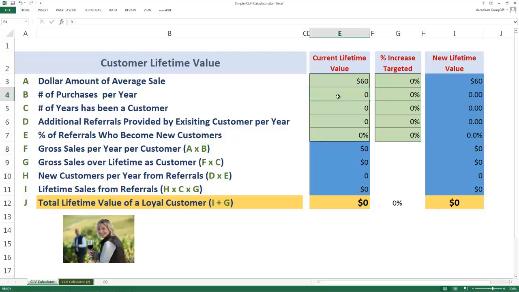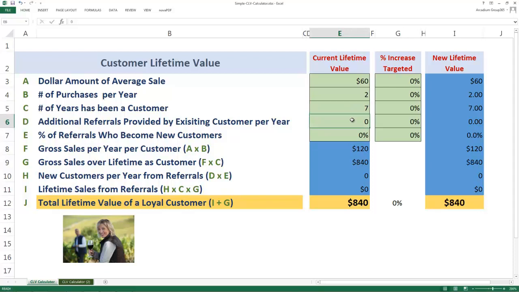Now, for line B, the number of purchases per year, let's say that they go back to the winery, on average, twice a year. And for line C, the number of years they've been a customer, let's say that they like this particular winery and perhaps for the next 7 years they think it's a great place to go. They enjoy the experience, so they go back again and again for 7 years.